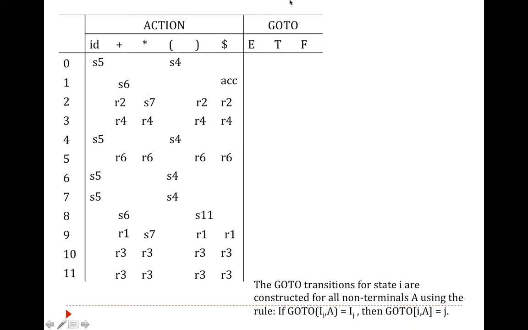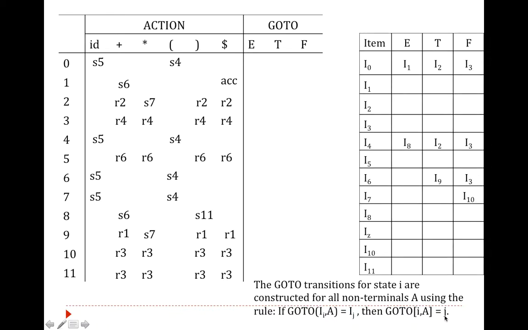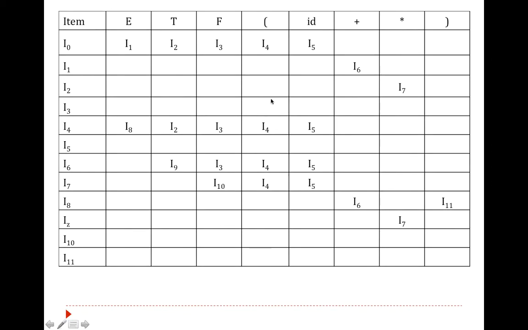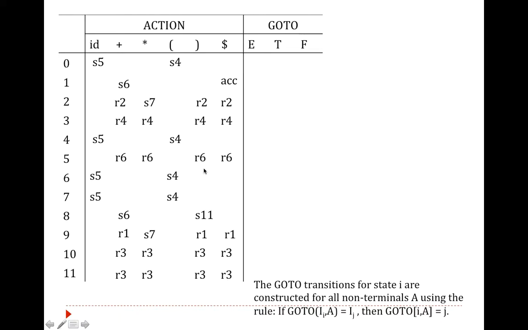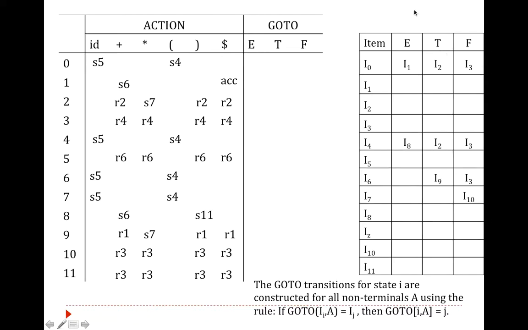As stated, the goto part, the rule is if goto of I and the non-terminal A results in Ij, then goto from state I with non-terminal A goes to the state J. Now from this table, we just have to refer the non-terminal part, and these terminals are not required. So I have just cut the table and that is pasted here.